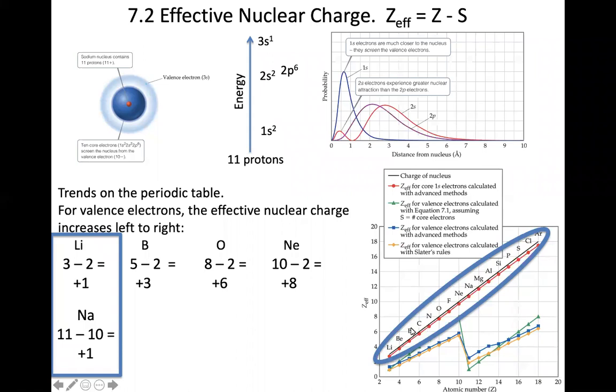If you're looking at the effective nuclear charge for an inner electron in the n equals 1, it never resets. You just keep having more and more protons. There's nothing to cause it to get smaller again. That tells me that the periodic table has almost nothing to do with 1s electrons. Because look, it just keeps going up, up, up, all the way. That is not what Mendeleev's table is describing.